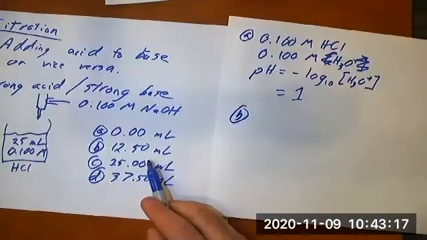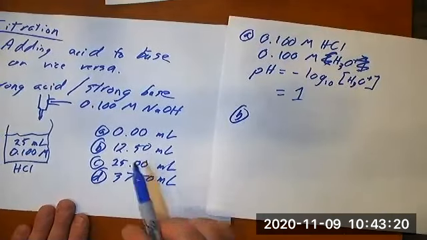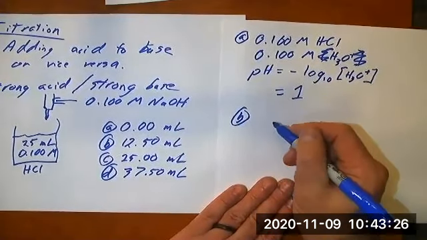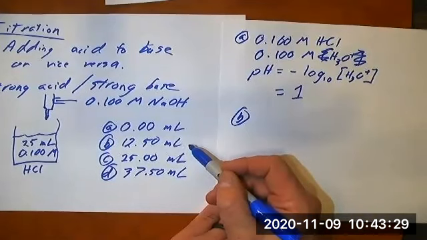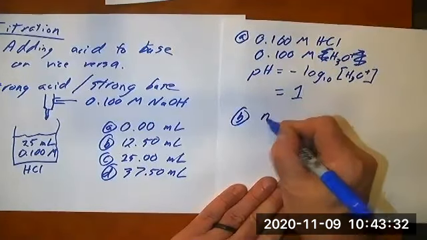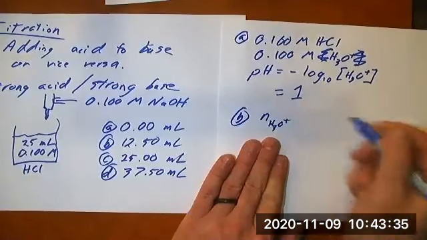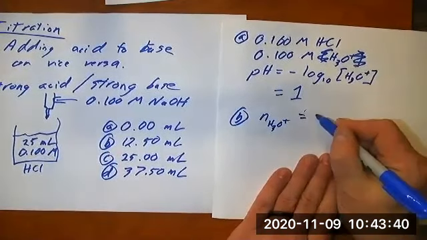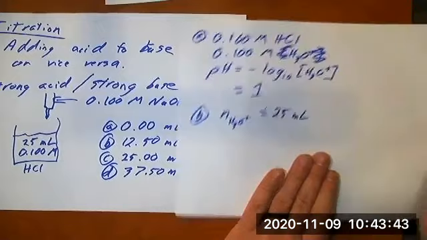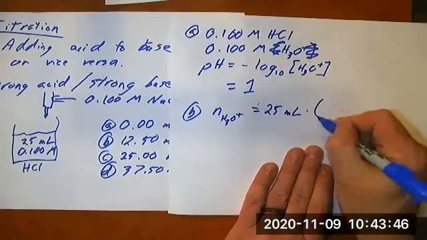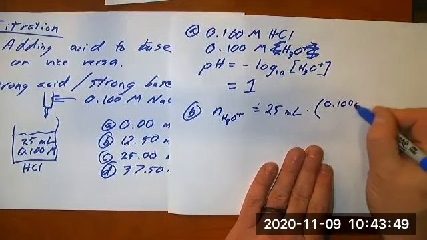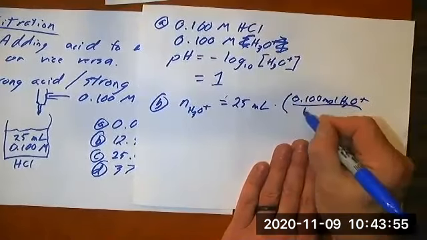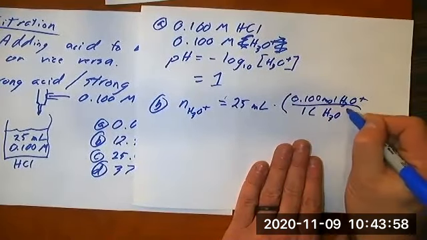Let's look at our second case now, where we've added a half equivalent of the sodium hydroxide. So to do this calculation, we need to figure out the number of moles of hydronium we have that we're starting with, which is going to be our 25 milliliters times our concentration, 0.100 moles H3O plus over 1 liter.